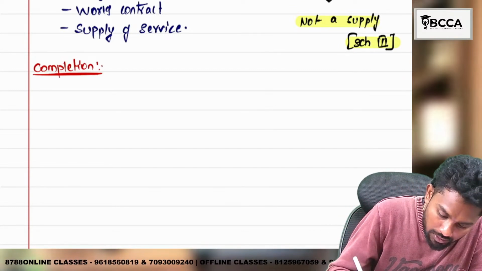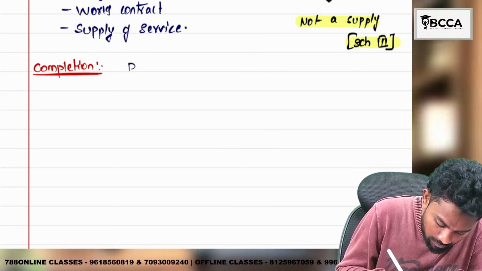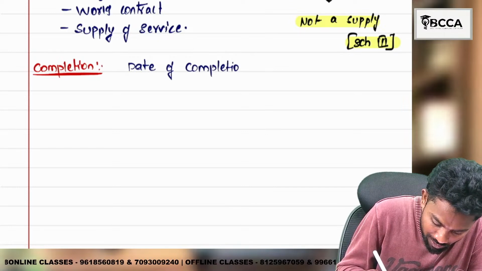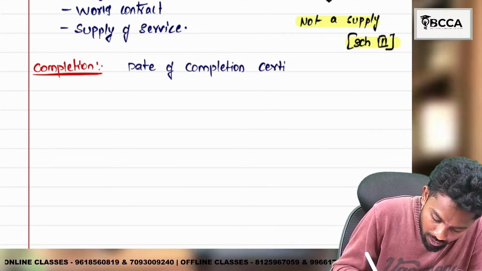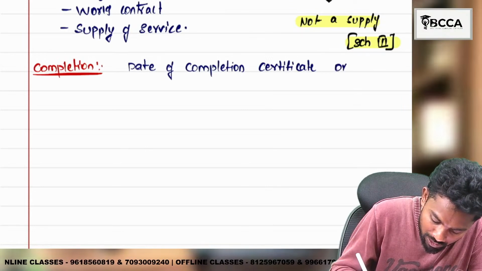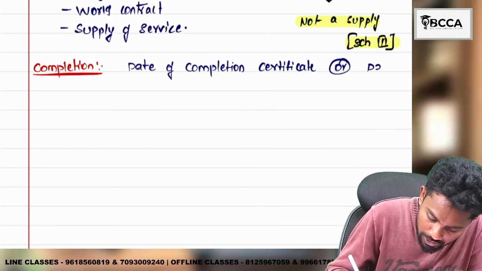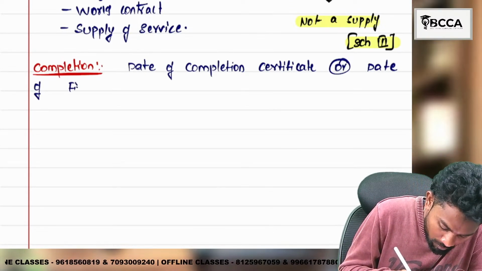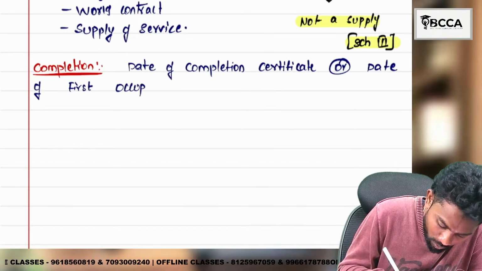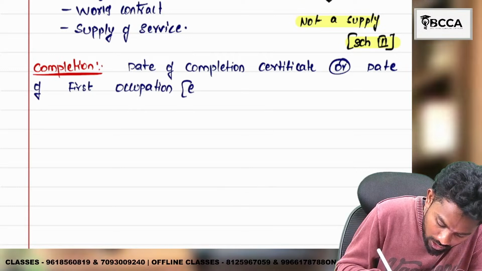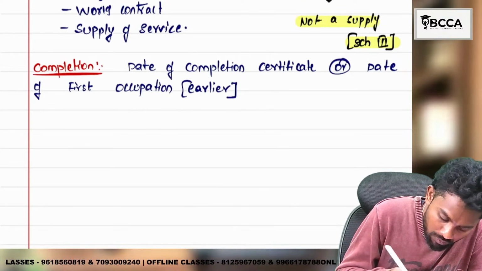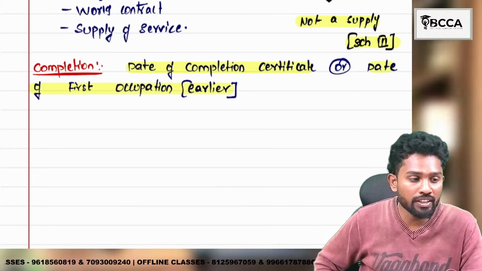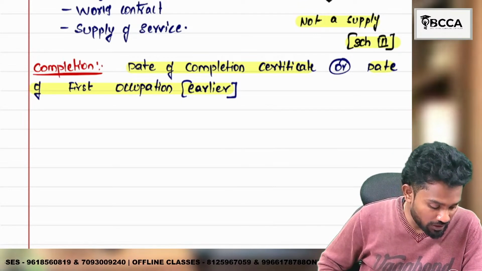So completion means date of completion certificate or date of first occupation, whichever is earlier.